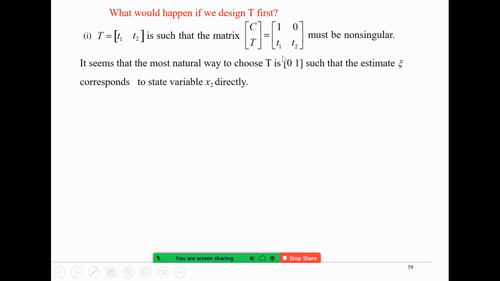So why don't we just choose T with T2 equals 1, T1 equals 0?